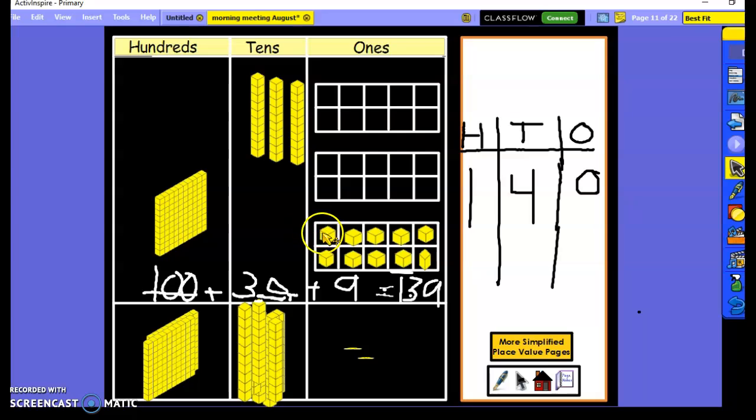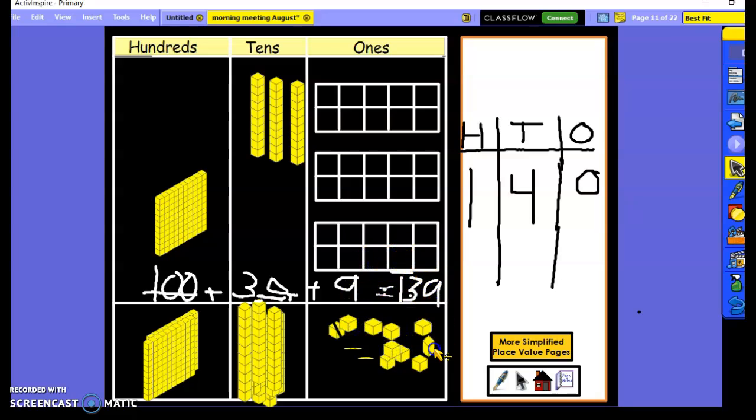We can exchange our 10 ones for 1 ten. So we're going to count them together. 1, 2, 3, 4, 5, 6, 7, 8, 9, 10. So we just took away 10, and we need to replace it with a ten. So now we have 100. How many tens now? 1, 2, 3, 4 tens and 0 ones.